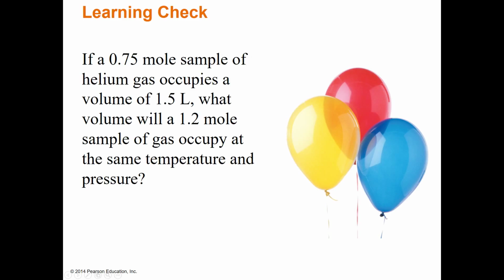So we're going to put on the board the number of moles. The first number of moles is 0.75, and the volume occupied here is 1.5 liters. The number of moles goes up to 1.2 moles. Then the volume should go up to how much?